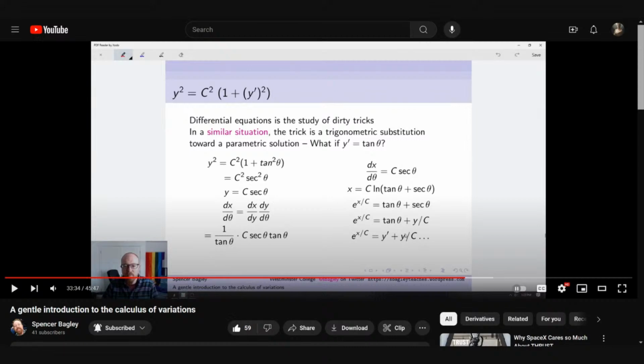So y squared is equal to c squared times 1 plus tan squared theta, so c squared secant squared theta. y is equal to c secant theta. dx d theta is equal to dx dy times dy d theta.